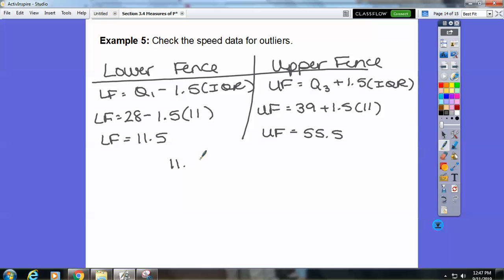So any value between 11.5 and 55.5 is normal. Anything outside that range would be an outlier. How many outliers do we have? 1, the 100.